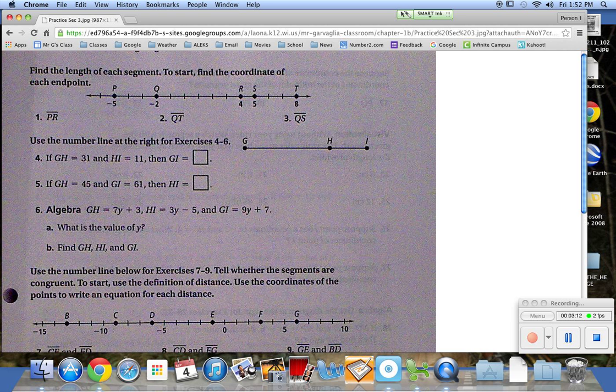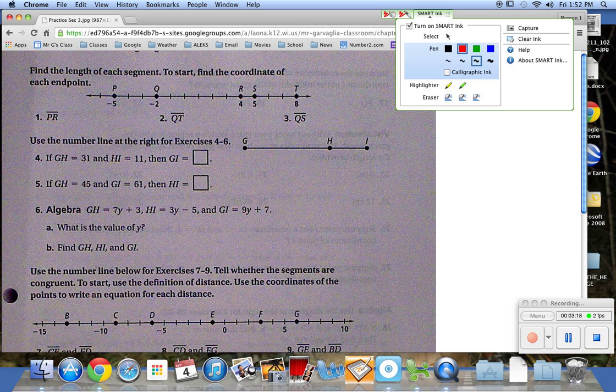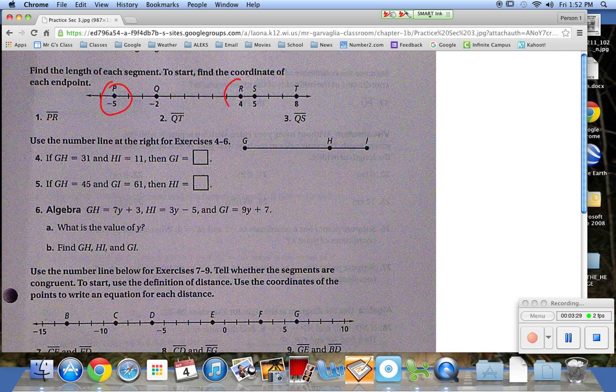We're given a line segment here, and we're asked, how long is PQ or PR? What do we have to do? Count it, right? Here's P, here's R. How much is it? 9? 1, 2, 3, 4, 5, 6, 7, 8, 9. Good job.